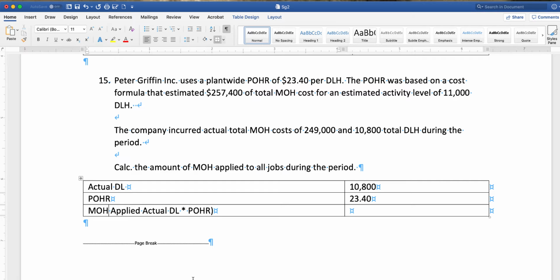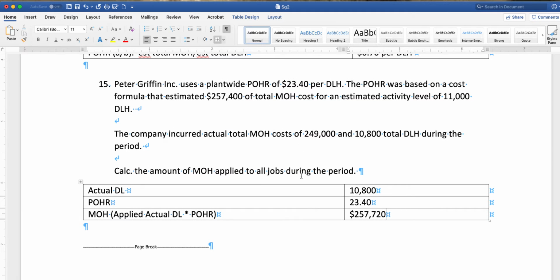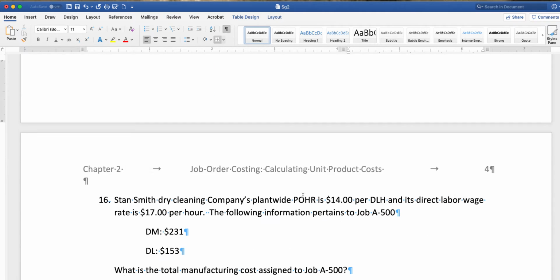If we take 10,800 multiplied by $23.40, we end up with $257,720 applied. So we actually applied way more than we actually incurred. Okay, so that's problem 15.